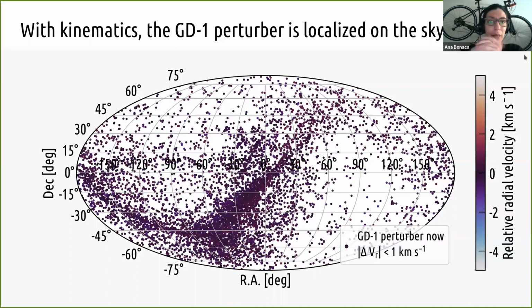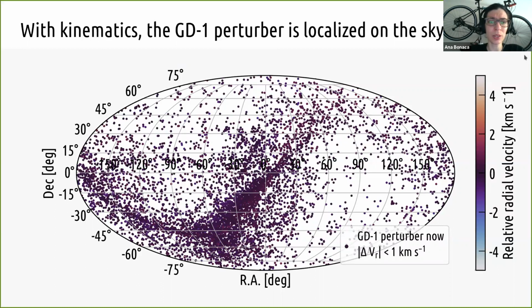We then went back to our earlier models and looked at which fit. We showed that as a proof of principle that we might localize the perturber on the sky, but we haven't done the more principled study of why it's at this particular location.